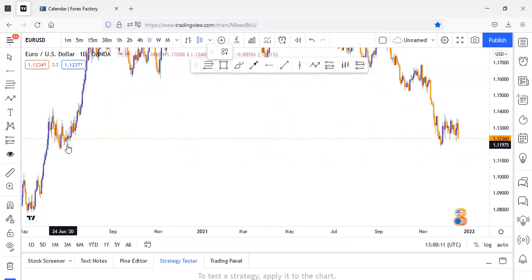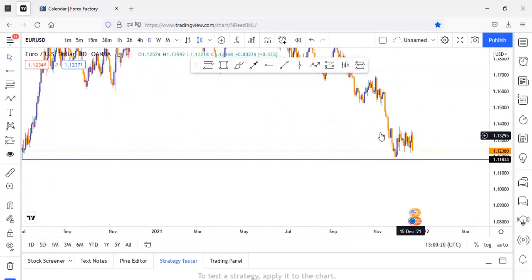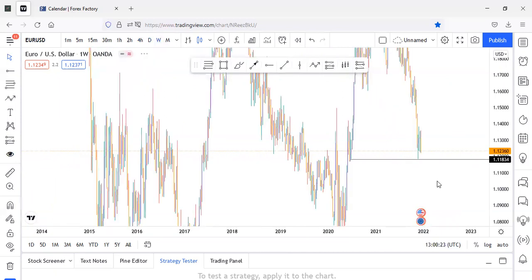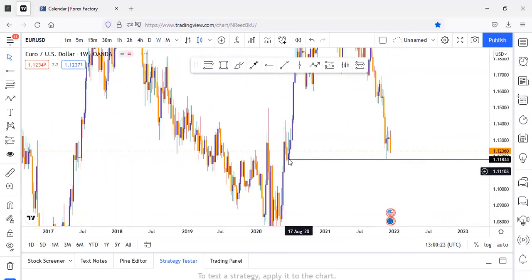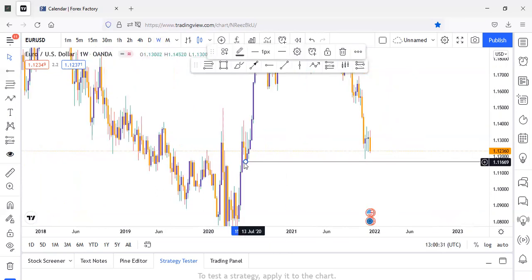Okay. So there's a weekly order block already. So you should look at the weekly time frame very well. Can you see that, guys? I hope you guys can see that. So there's a weekly order block there.